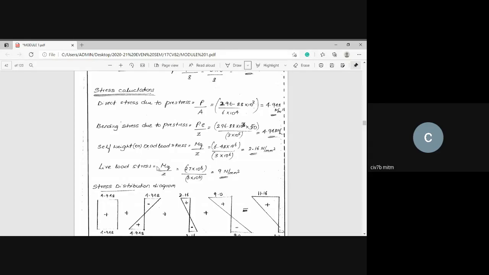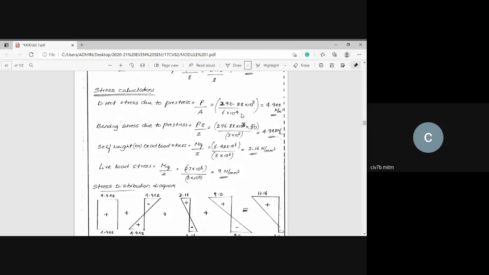Likewise, live load stress, that is ML divided by Z, live load moment divided by Z. Same thing, 27 kilonewton meter was the answer. Convert into Newton millimeter divided by the Z. So we'll get 9 Newton per millimeter square as the answer. So now let us go with a beautiful diagram, the stress diagram. First, direct stress.